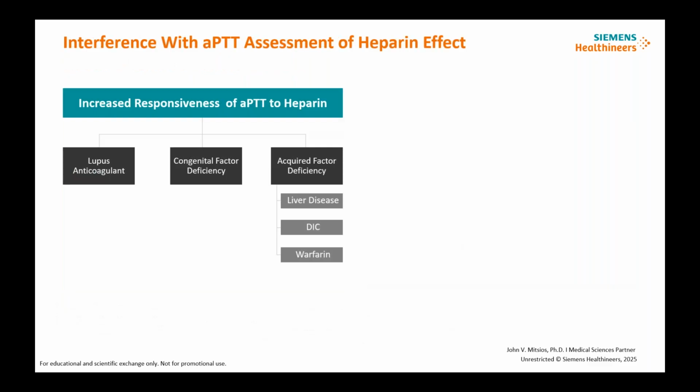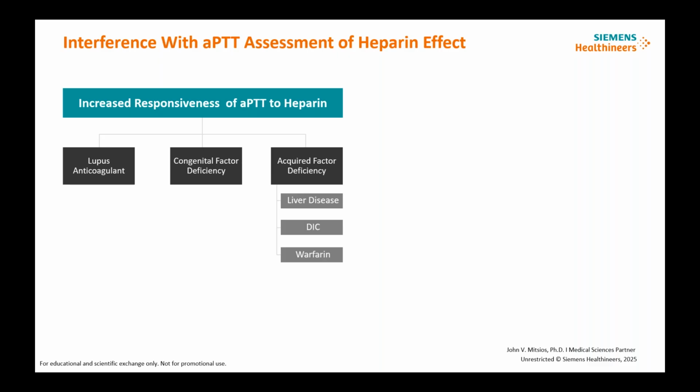But let's take a quick step back and think about APTT and heparin specifically. If you're thinking of your patients being put on heparin therapy, there are a number of things that we have to think about before a patient goes on heparin, because if we're going to be using the APTT to monitor these patients, we have to look at the baseline clinical status, or the baseline APTT value specifically.